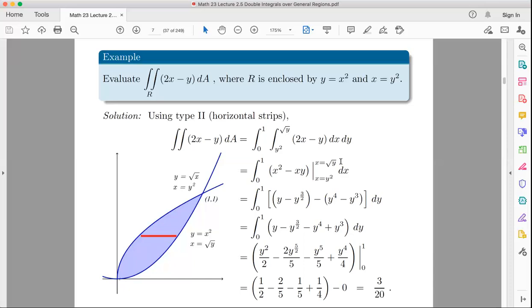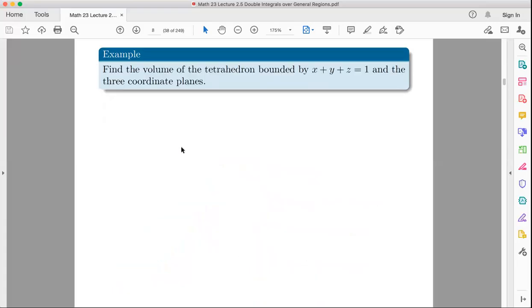So this gives us the value of the double integral of 2x minus y over the region R using horizontal strips.